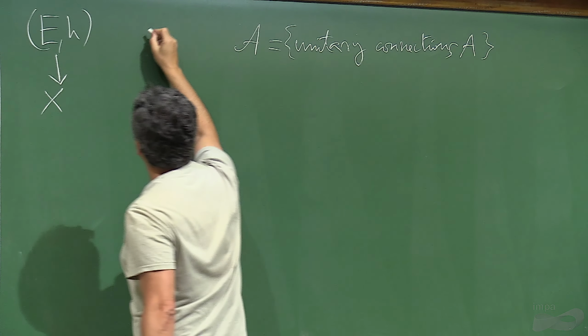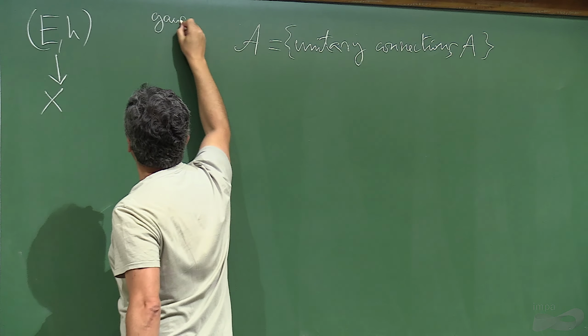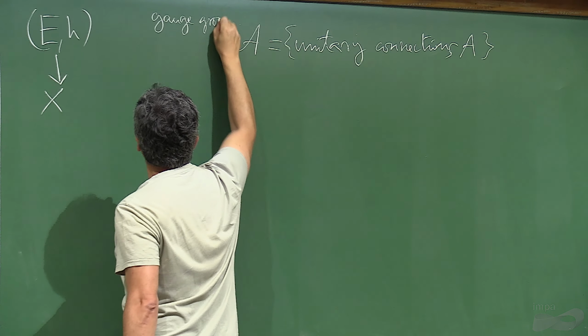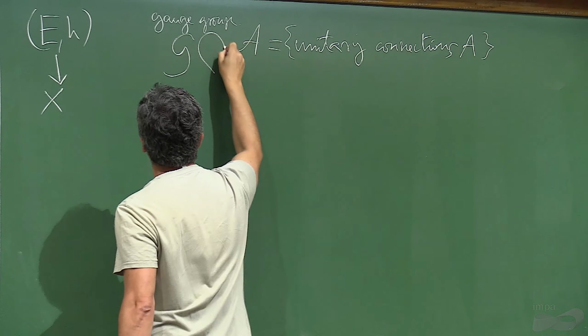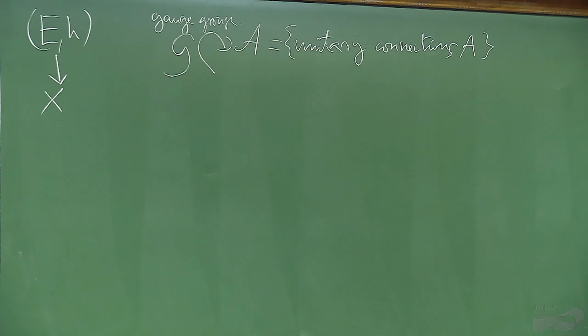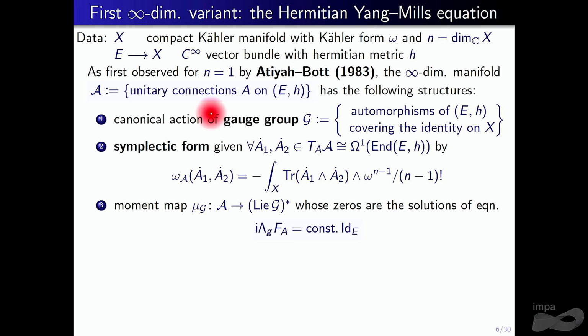And there is an action of the gauge group. And there is this formula for the symplectic form. This is one of the terms in the module space Mario wrote yesterday.